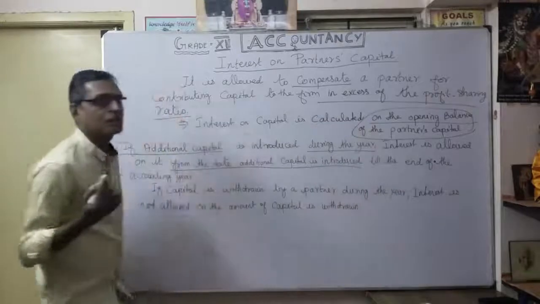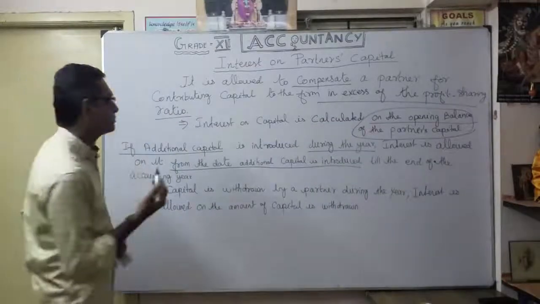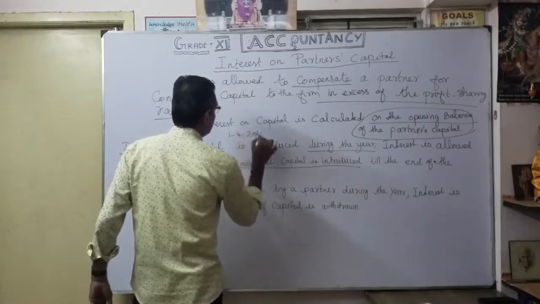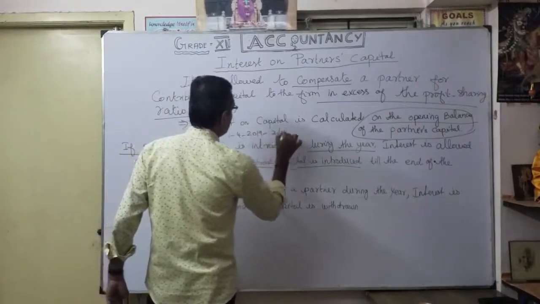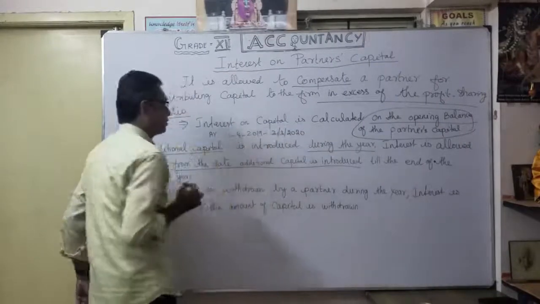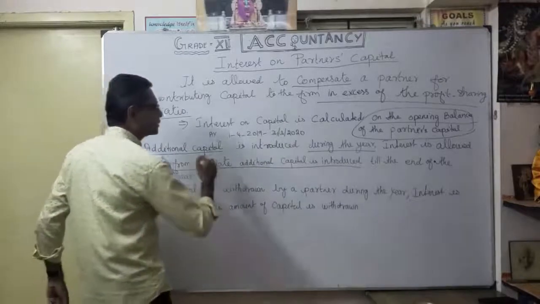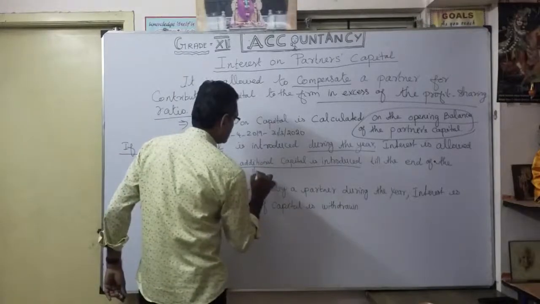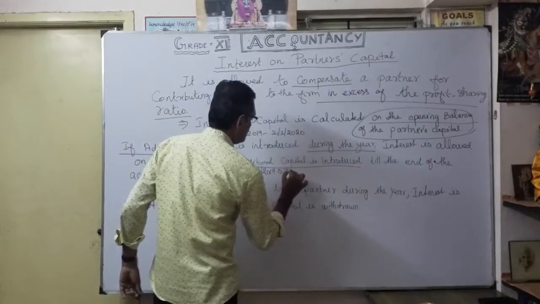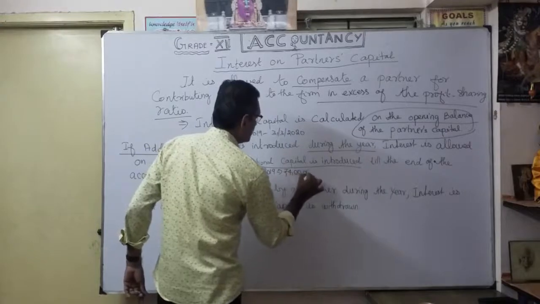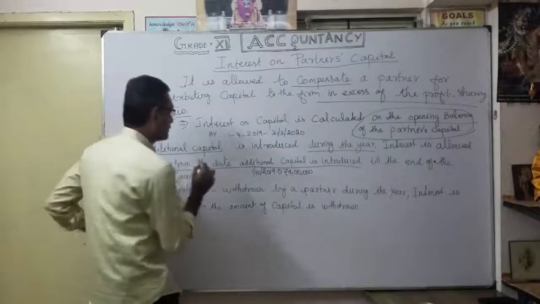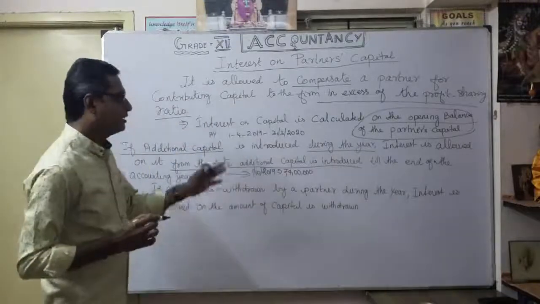For example, the accounting year is 1st April 2019 to 31st March 2020. In the meantime, they introduce, say on 1st October 2019, 4 lakhs. Interest is calculated from the date of introduction till the end of the accounting year.